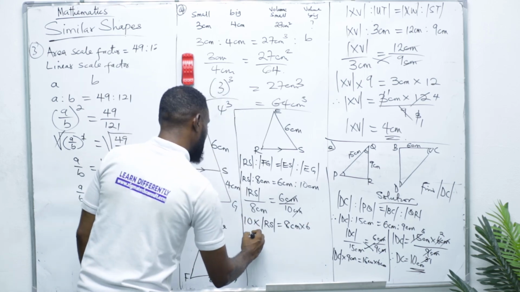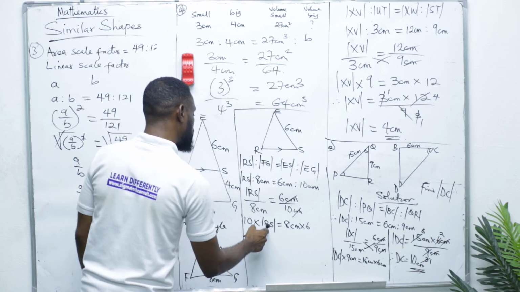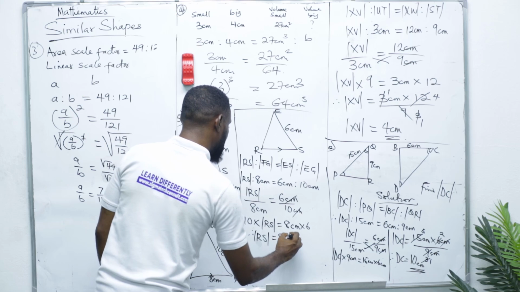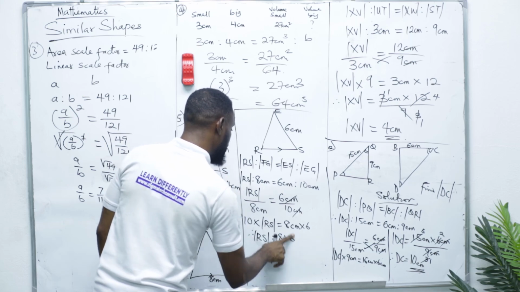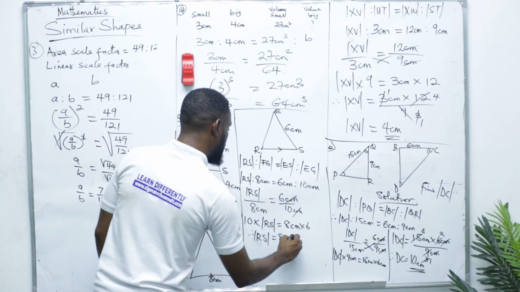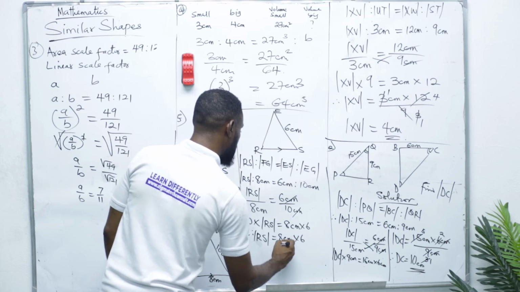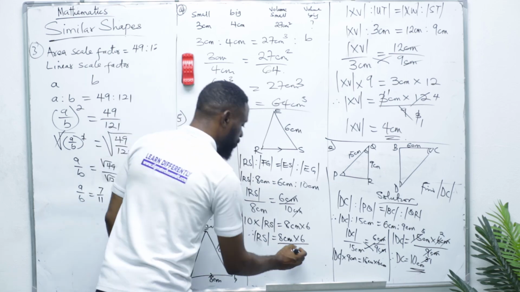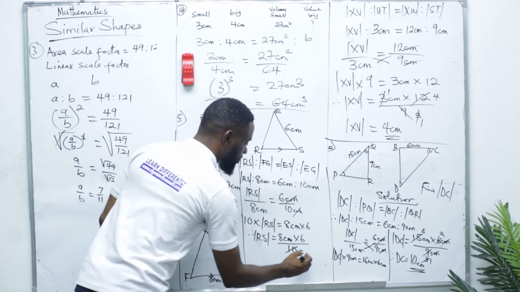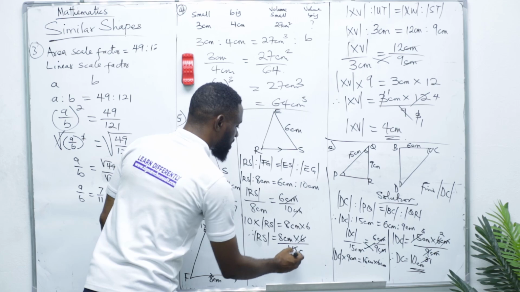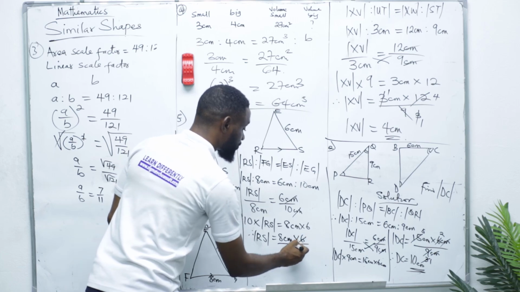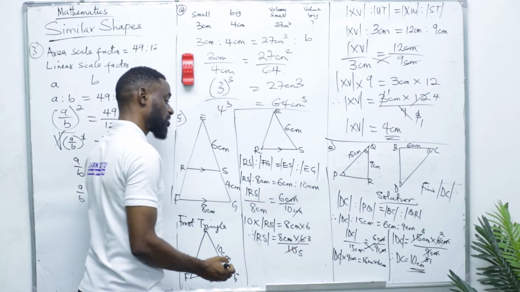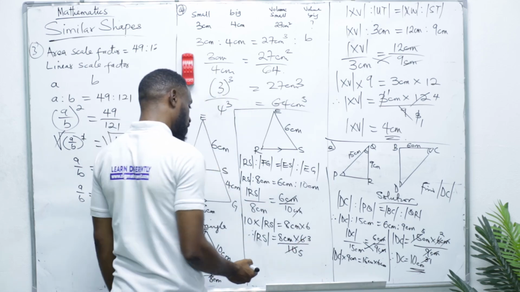So it means that our RS, if we make it the subject, will now be equal to 8 cm times 6 all over 10. 2 in 10 is 5. 2 in 6 is 3.